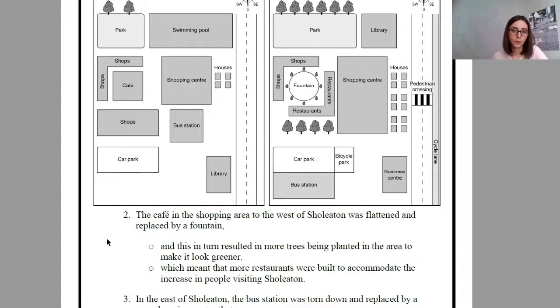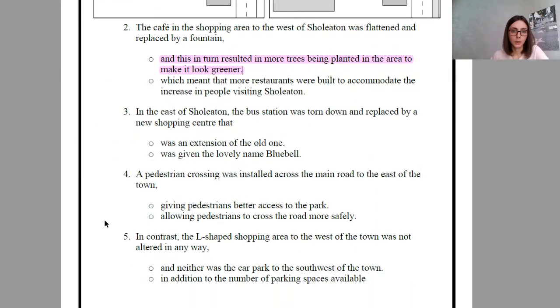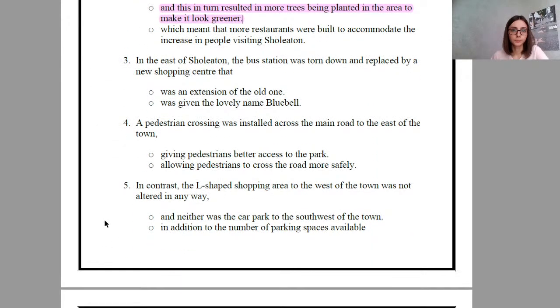And this in turn resulted in more trees being planted in the area to make it look greener. So this is actually a better way to finish the sentence. All right, so let's go to the next one.